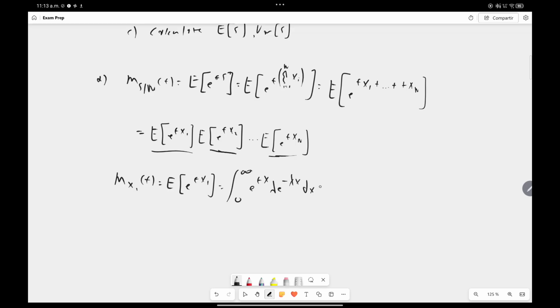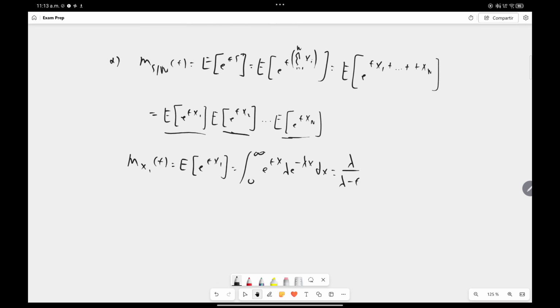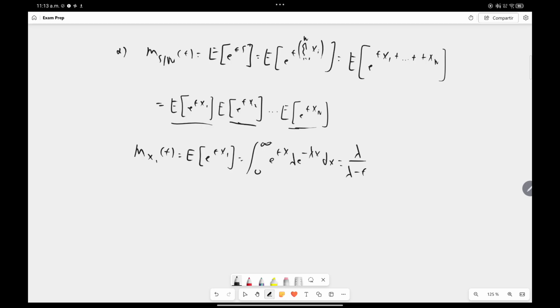And I will not be doing this integral. However, it does come out to lambda over lambda minus t. I just did the integral like 10 minutes ago, and I don't want to do it again. But the overall framework is there.